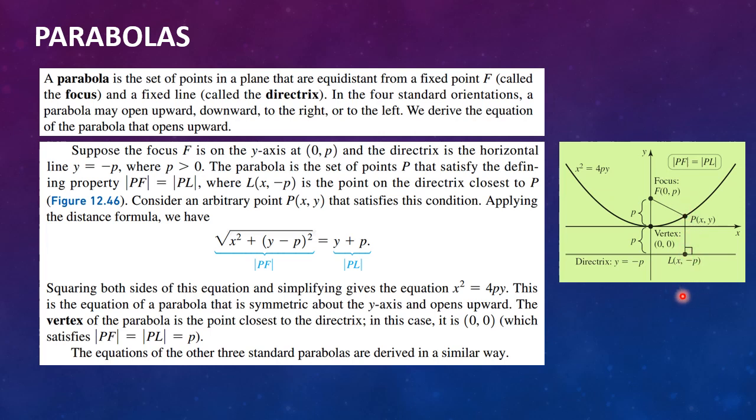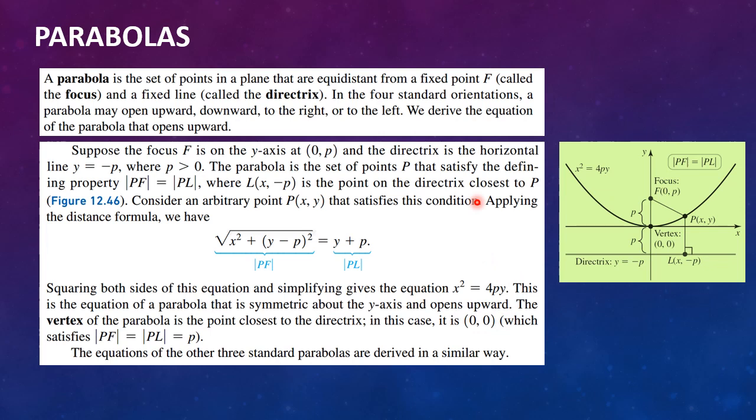Squaring both sides of this equation and simplifying gives the equation x squared equals 4py. This is the equation of a parabola that is symmetric about the y-axis and opens upward.